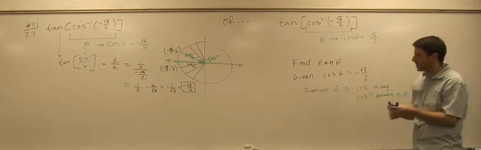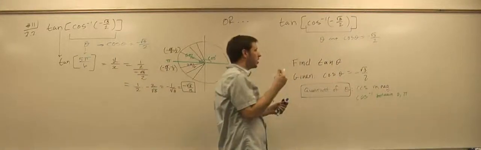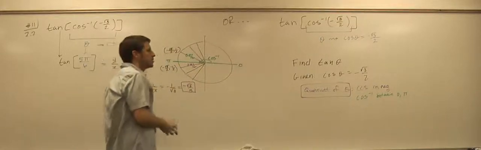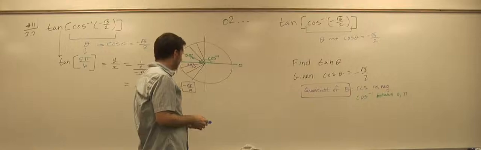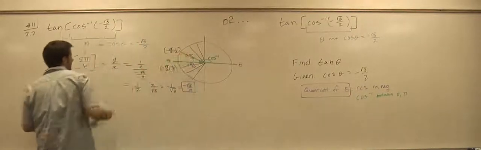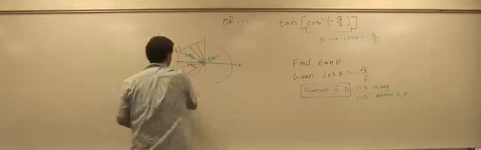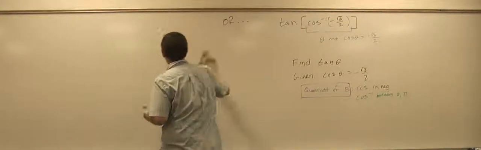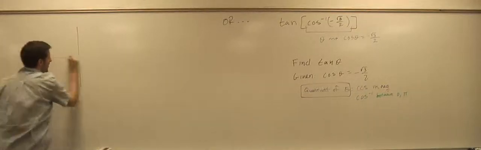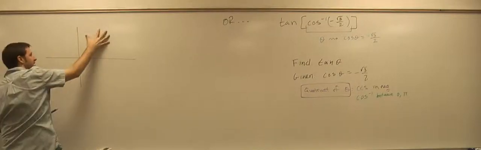So for your quadrant of theta, when you draw this triangle, you know that cosine is negative and cos inverse is between 0 and pi. So what quadrant does that put you in? 2. Probably 2. Since our answer ended up in 2 here. Slightly more rigorously, cosine being negative, all of them are positive here.